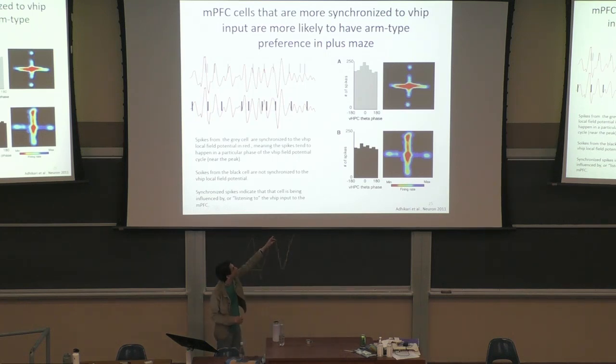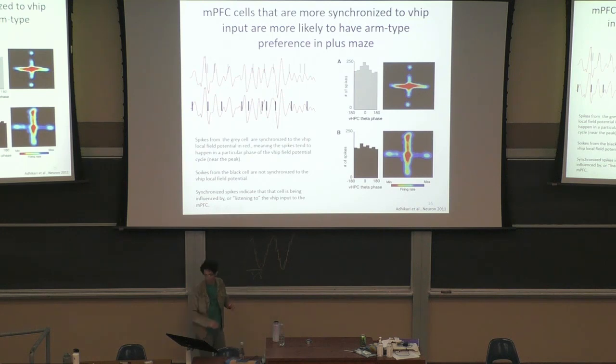And these cells that were good at differentiating arm type in the elevated plus maze also happened to have action potentials that were locked to the hippocampal oscillation. So we recorded the oscillation in the hippocampus and the spikes of individual cells in the prefrontal cortex.